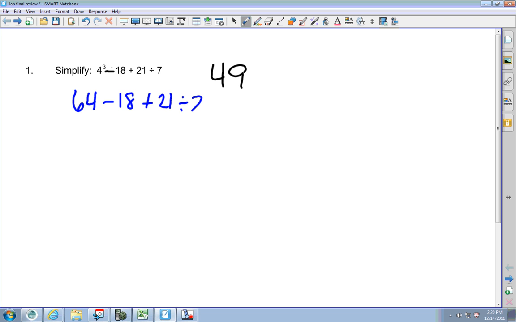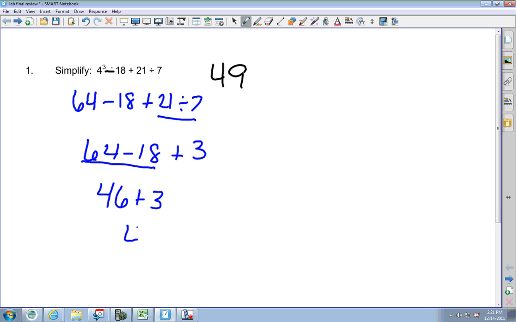The next thing you would do is the dividing. 21 divided by 7 is 3. Next, you would do 64 minus 18, that would be 46, plus 3. And that would be 49. That's how we came up with the 49.